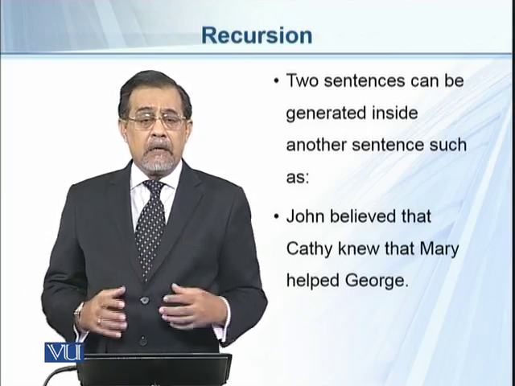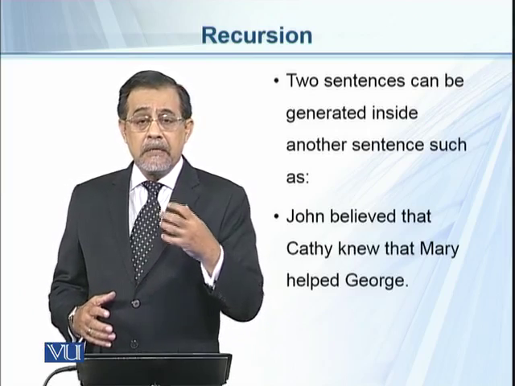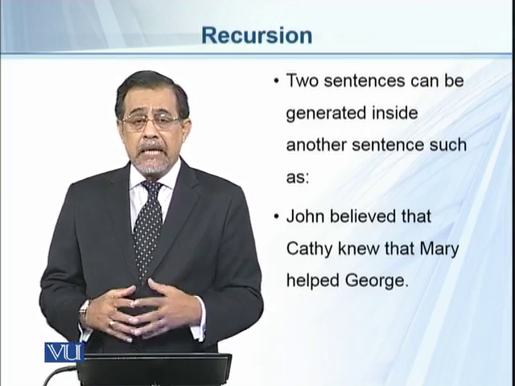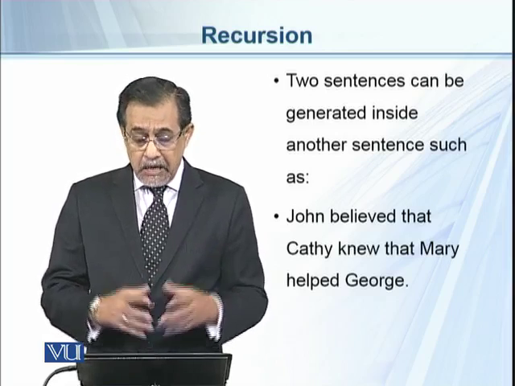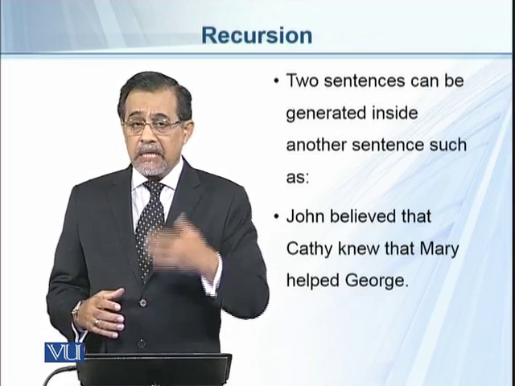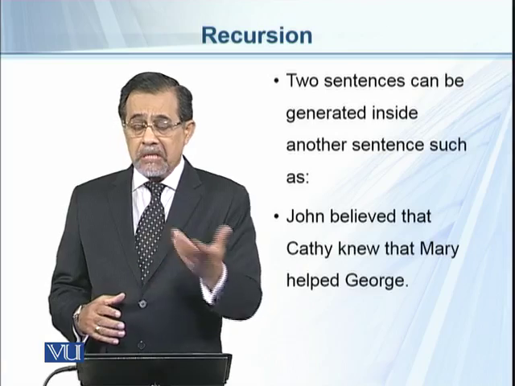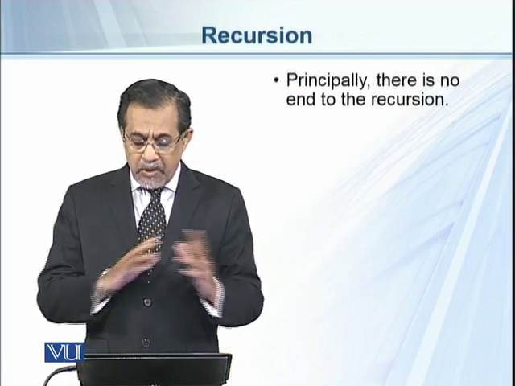But according to generative grammar, this comes under the recursive rules or recursion, and that is the property of generative grammar or language, in which we can add one sentence within another sentence, or two sentences within another sentence. So principally, there is no end to the recursion.